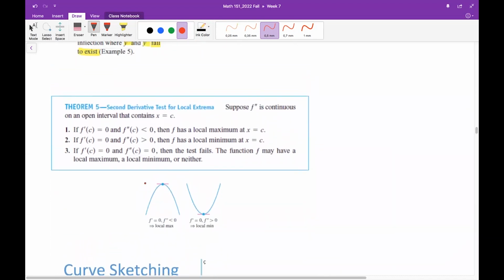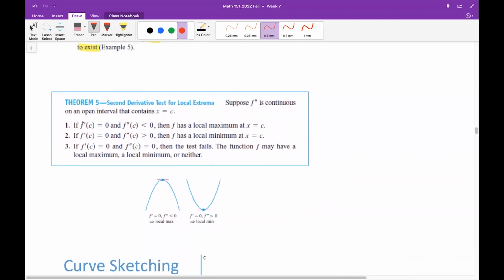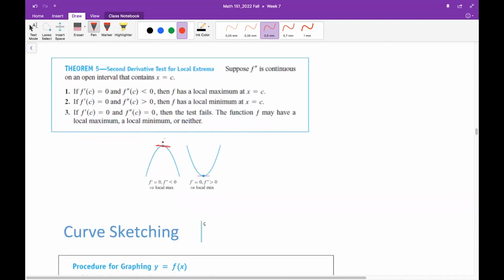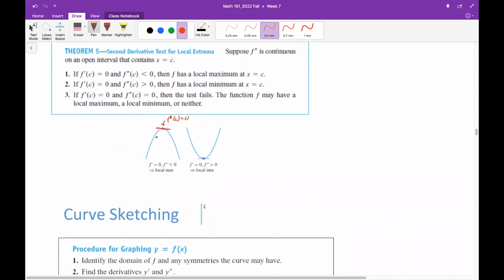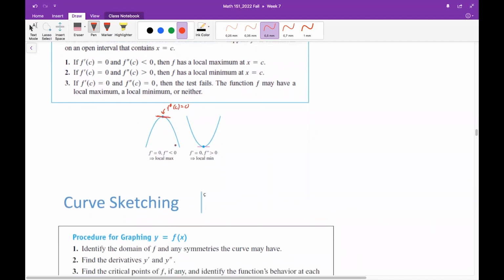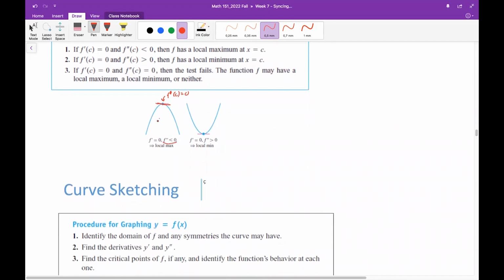Let's look at the second derivative test, then I will stop. If the first derivative of a function is 0, just like we have here, f prime of c is 0, because you have a horizontal tangent and horizontal tangents have 0 slope. And at this point, the curve has a concave down shape, meaning that the second derivative should be negative.